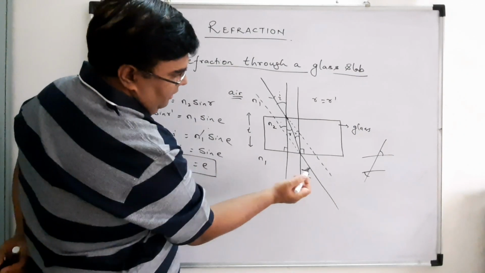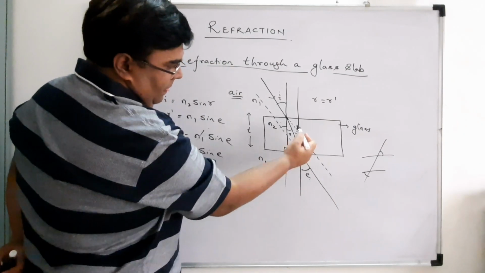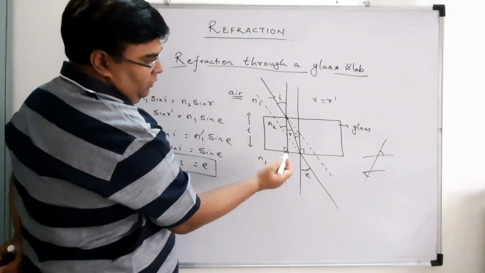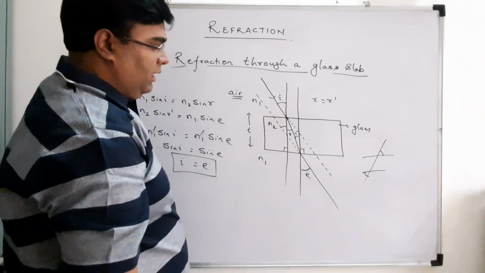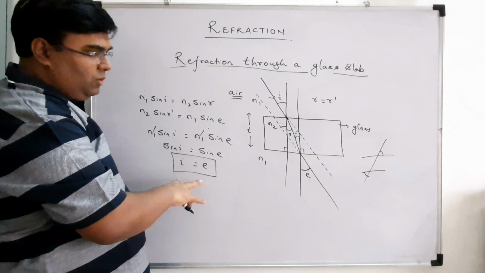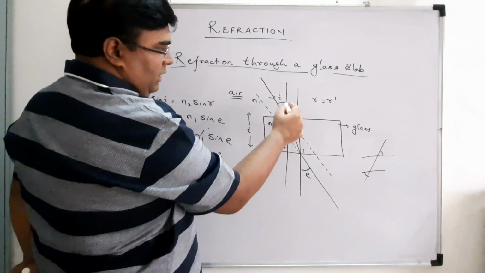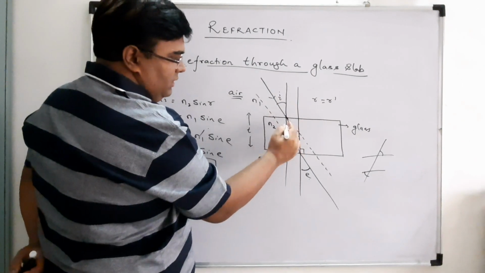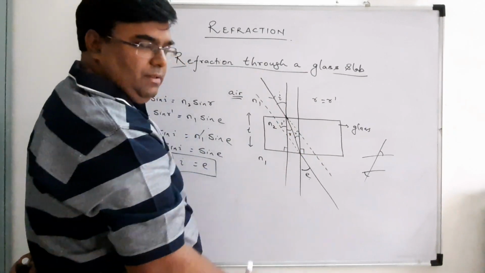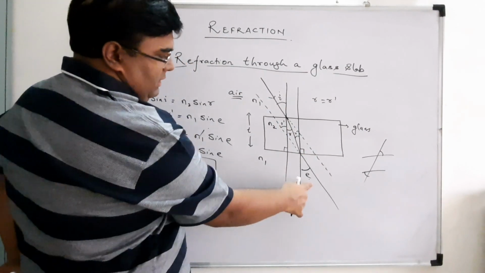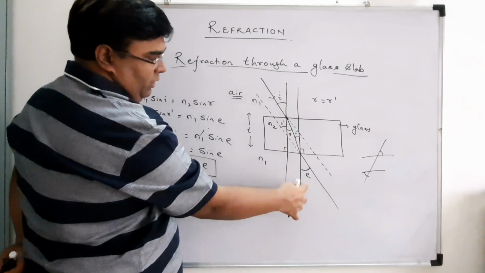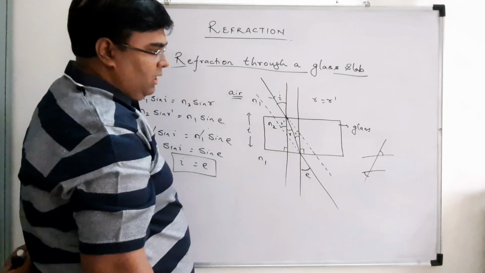Similarly here the lines are parallel and this is my transversal. So this angle is equal to this angle, but we have already proved that I is equal to E. Let us say this is my I dash. So when E is equal to I dash and I is equal to E, we have I is equal to I dash.